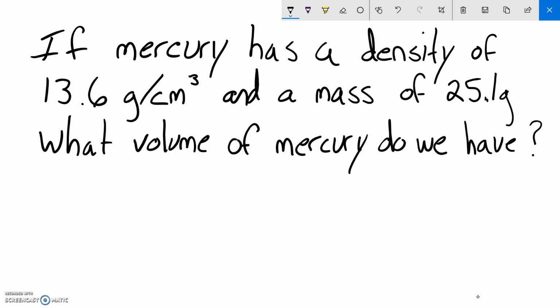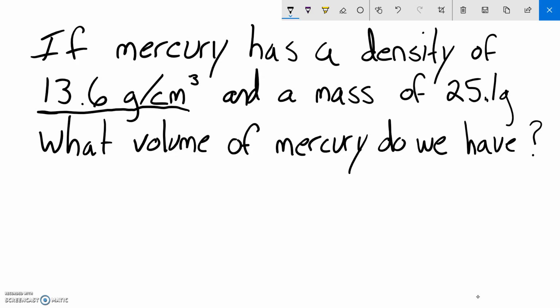But if it's a calculation of what volume, probably not, but it's useful to know, right? It says it has a density of 13.6 grams per centimeter. So right away, one thing I'm going to do, I'm just going to underline that density, right? That's something that I know that we're going to need to use in order to solve for this and set it up, right?